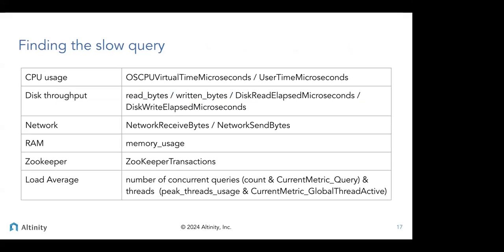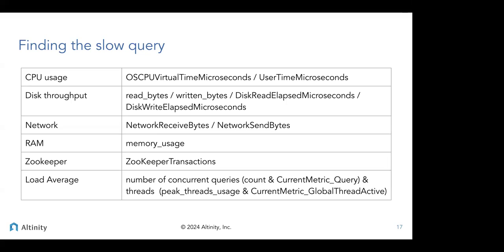Usually when I look for problematic queries, when I need to find what is slow, I actually start from understanding what the problem in the system is. Usually just by looking at the system metrics, which can be provided by Prometheus, by some commercial tools, by Zabbix, or by embedded ClickHouse tools like Metric Log and so on.